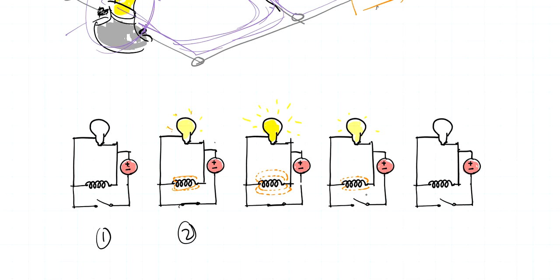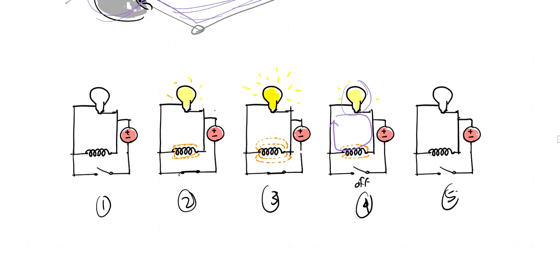Then if I turn this off, the magnetic field will still die down, but because it has stored energy already, it can still push the current. That's why this bulb will still light up, until it dies down, and then no more light.